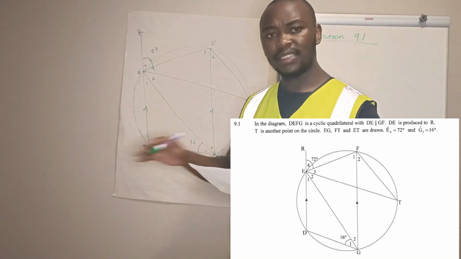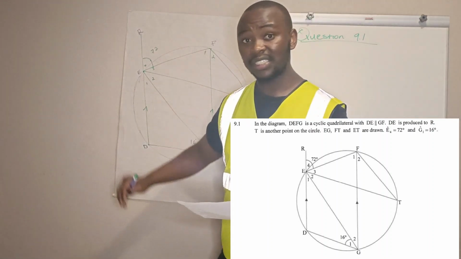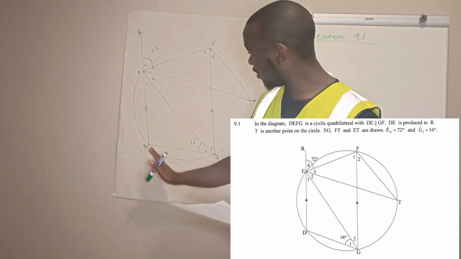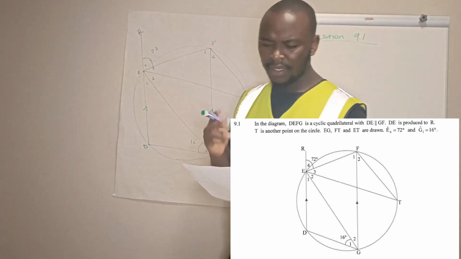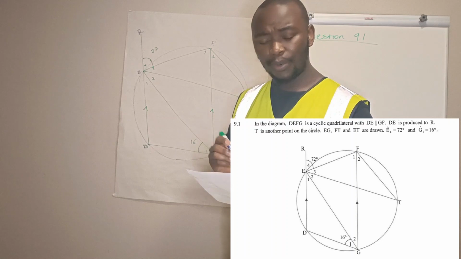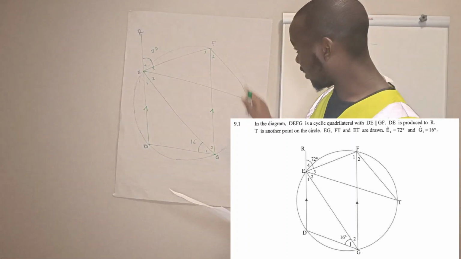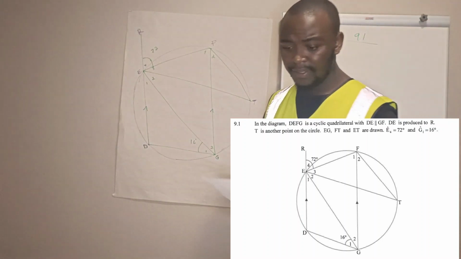They mention that DE is produced such that it continues to point R, so this is a straight line. And then T is another point on the circle. So that is your T, and it lies within the circle.